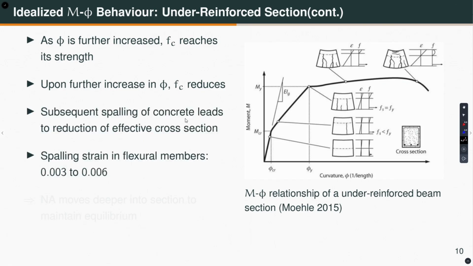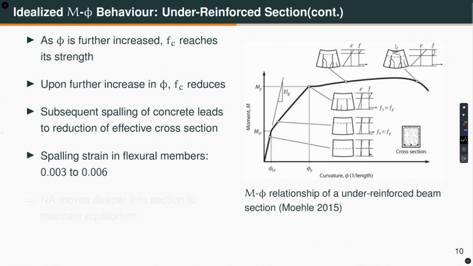And what will happen? There will be spalling of concrete. Like here, the top compression concrete will start to spall off. Typically, the spalling strain in a flexural member varies between 0.003 to 0.006.